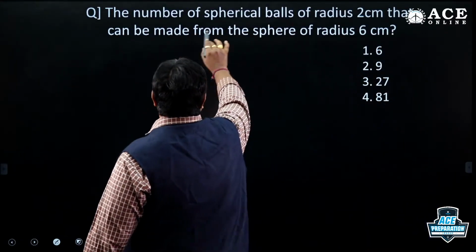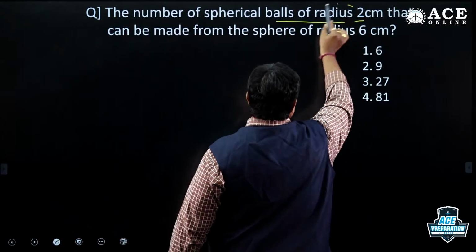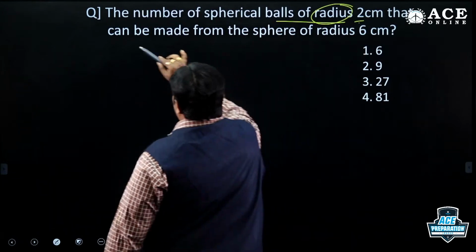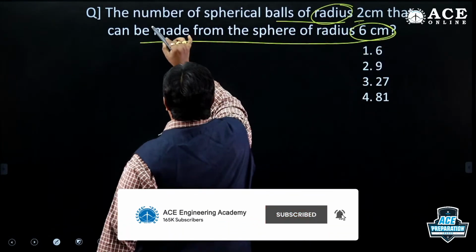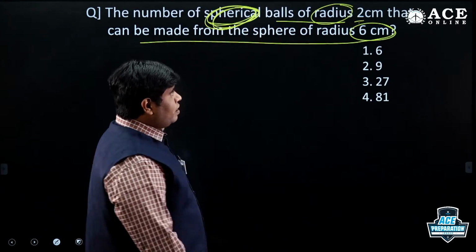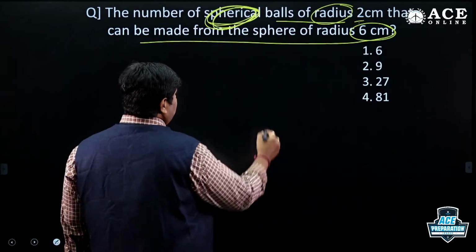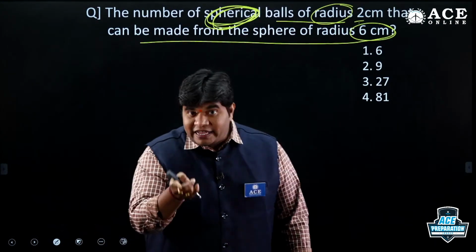The number of spherical balls of radius 2 cm that can be made from a sphere of radius 6 cm. Observe, volume of the given figure by volume of the required figure.